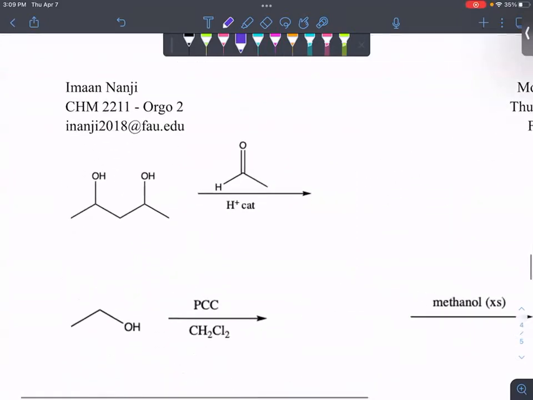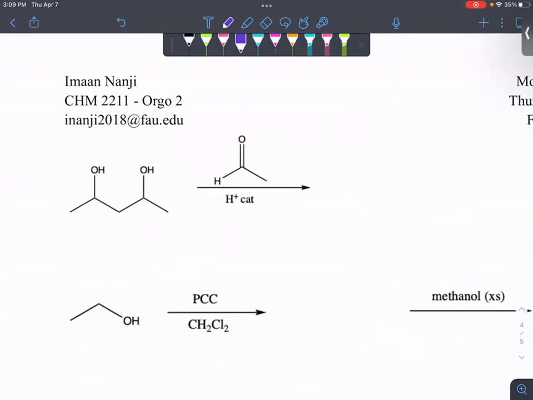Okay, so next, what do we have? What does it do? It does make an acetal. So to make a cyclic acetal, you need to identify two ingredients, aldehyde or ketone plus diol.